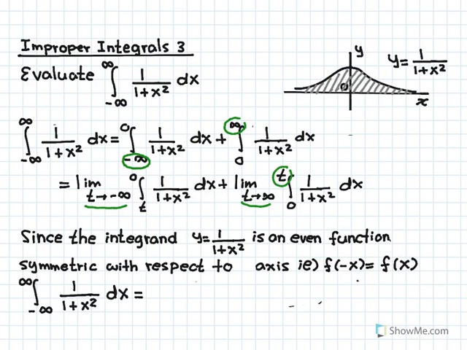All right, so this integrand, y is equal to 1 over 1 plus x squared, is an even function, symmetric with respect to the y-axis. That means f of minus x is equal to f of x.